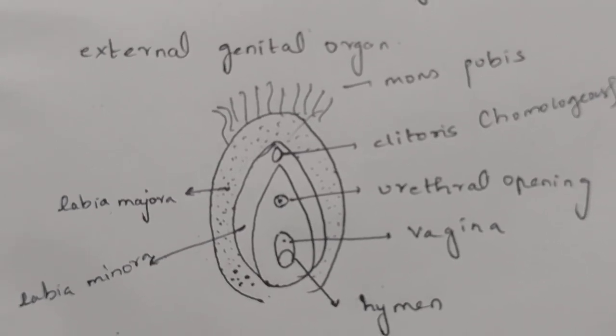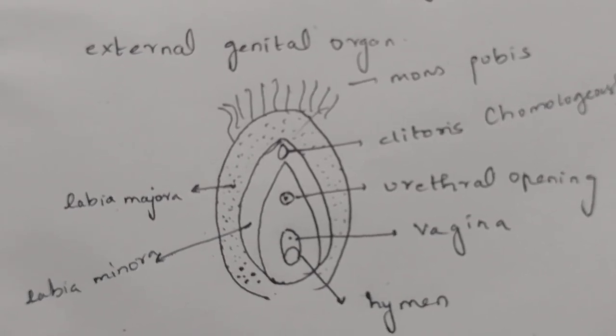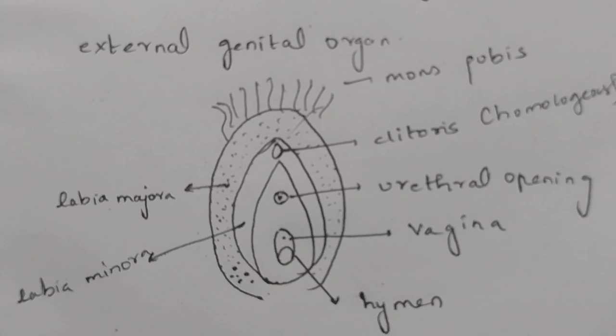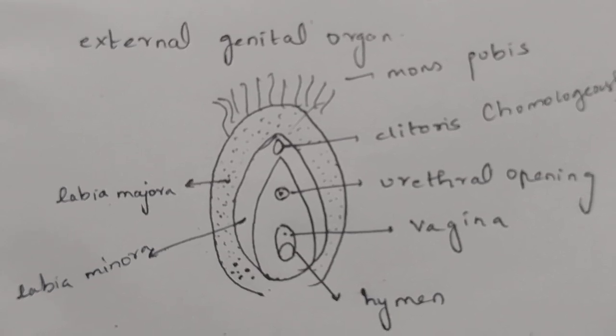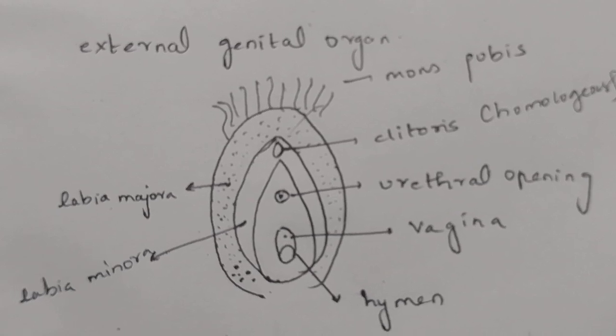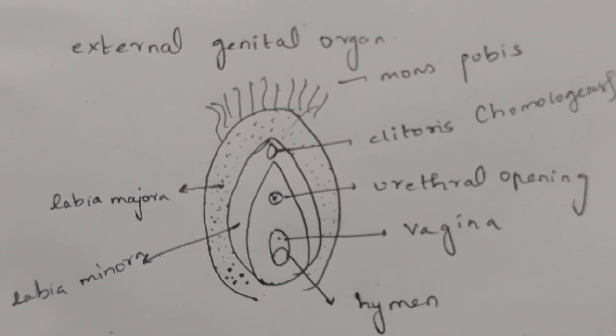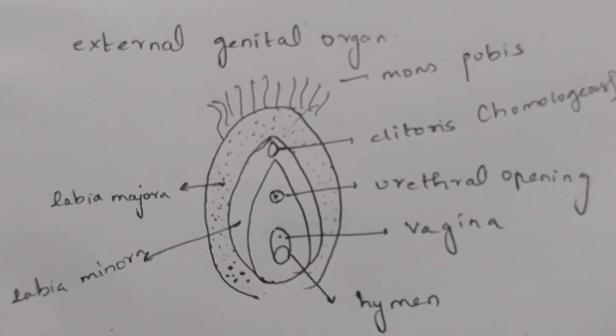Okay, and the mammary glands are also paired structures. Mammary glands are a characteristic of female mammals, and they are made up of glandular tissue and fat. The glandular tissue has 15 to 20 lobes. Those lobes are called alveoli.